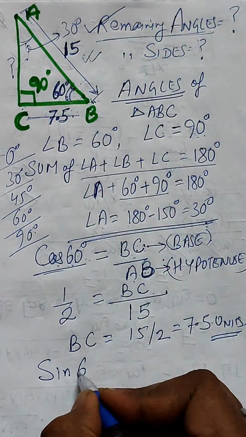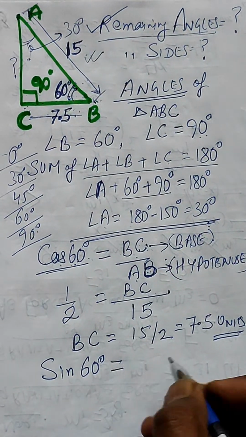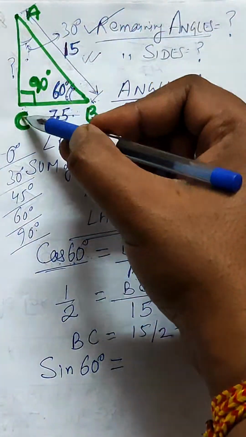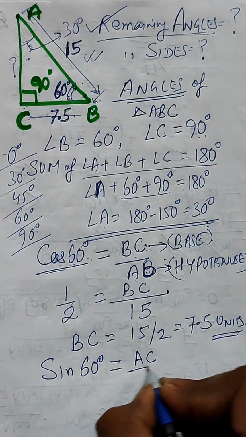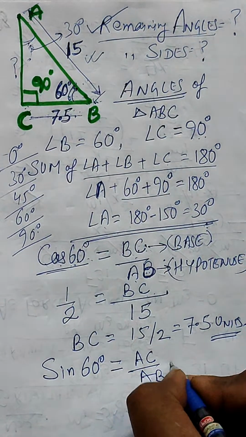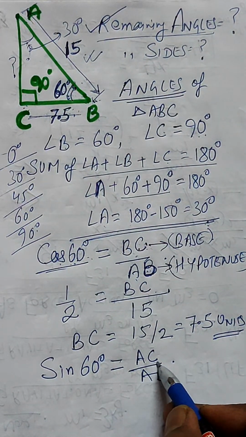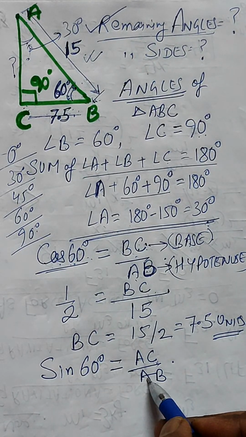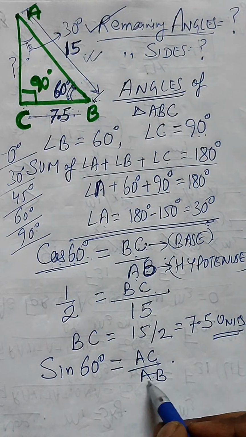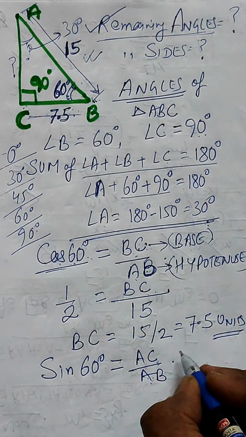So sine of 60 degrees is given as AC by AB, right? Here we are going to calculate the value of AC. So AC will be AB sin 60.